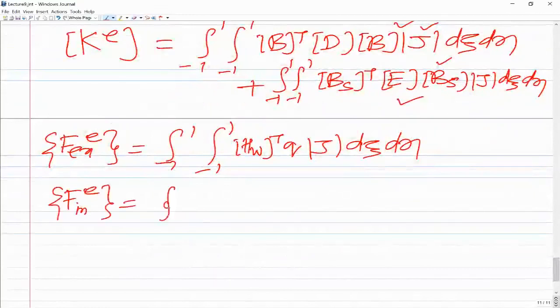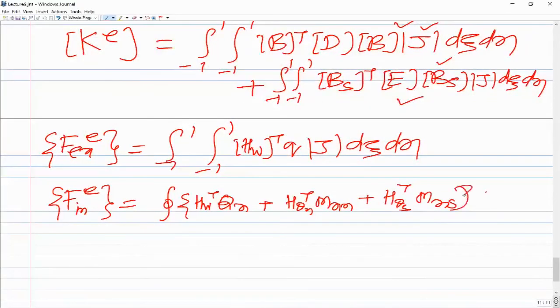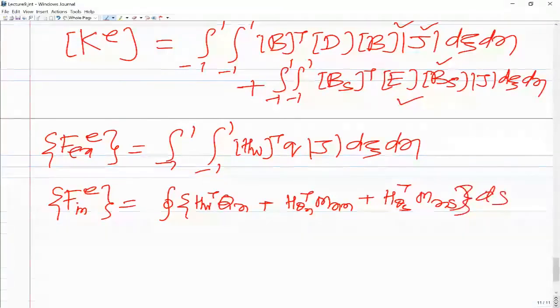So I'm writing that as it is: the integration over the boundary of HW transpose into Qn plus H theta n transpose into Mn plus H theta s transpose into Mns ds.